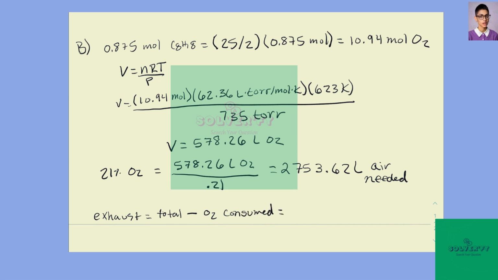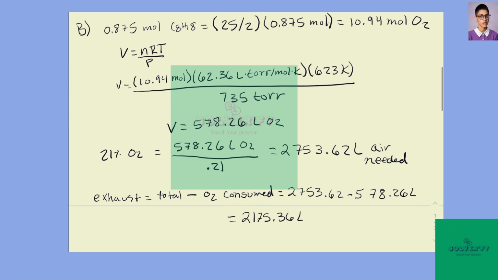So this is going to be 2,753.62 minus the 578.26 liters of O2. So this is going to equal 2175.36 liters.